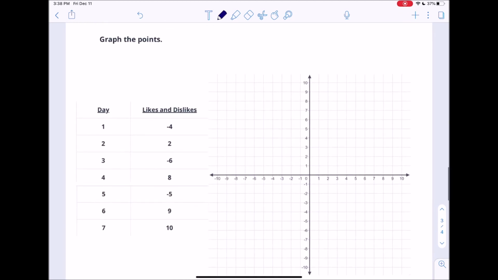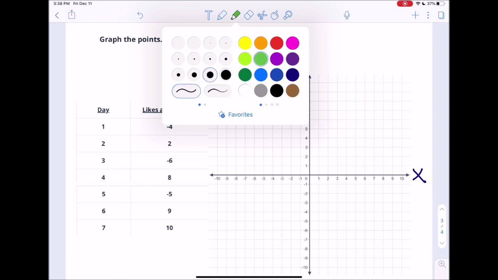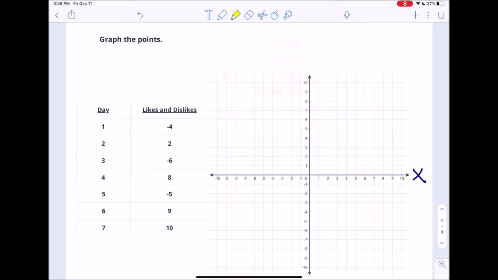This is just like when you did the mystery graph. So when we're plotting points, remember, your x-axis is always the one that goes from left to right. Your y-axis is the one that always goes up and down, okay?